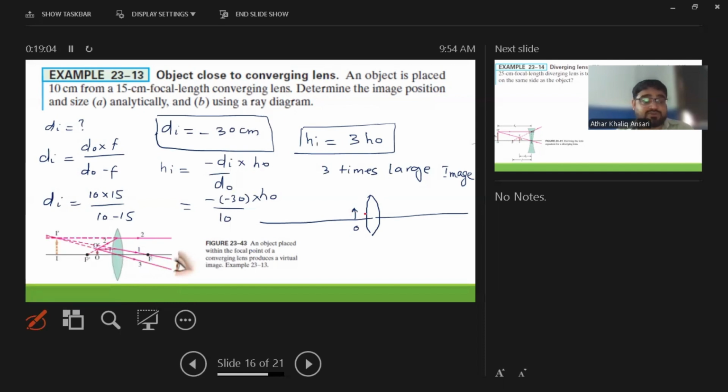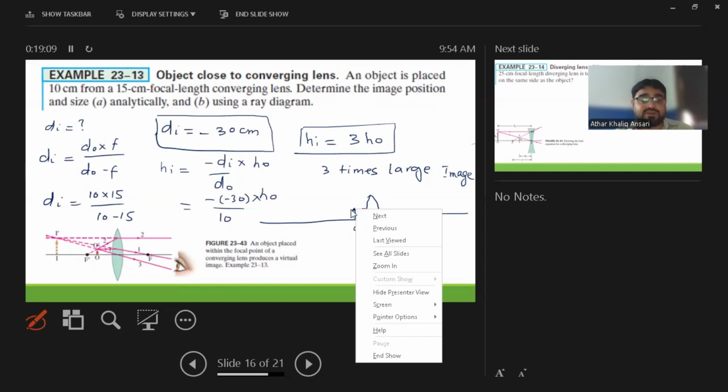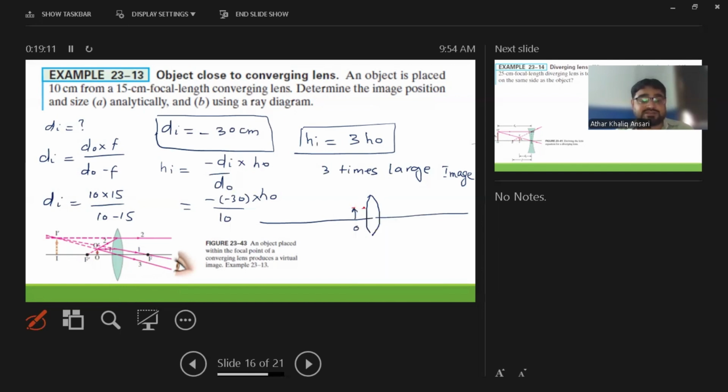I remember I told you the first ray, which is parallel to the principal axis. This is the ray parallel to the principal axis. This principal axis parallel ray, after passing through the lens, should pass through the principal focus. This one you wrote. So if this is the principal focus, the same distance here is the principal focus, right?